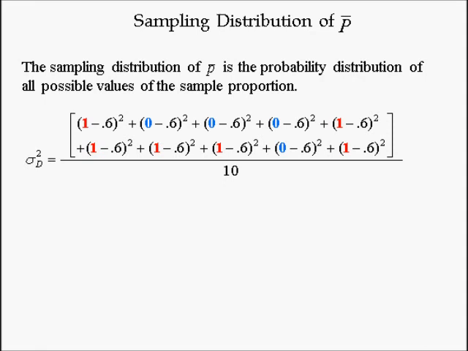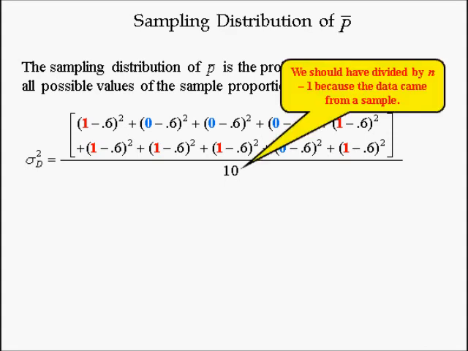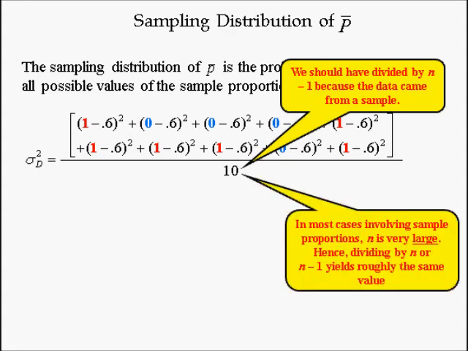Since there are only two possible values of variable D, we use red and blue to identify them. We use red to identify the values of D that equal 1 and use blue to identify the values of D that equal 0. Now we should have divided by n minus 1 instead of n because the data came from a sample. However, in most cases involving sample proportions, the sample is very, very large.